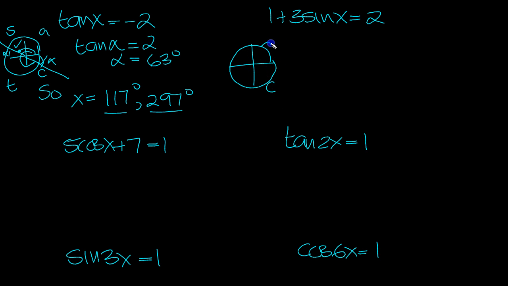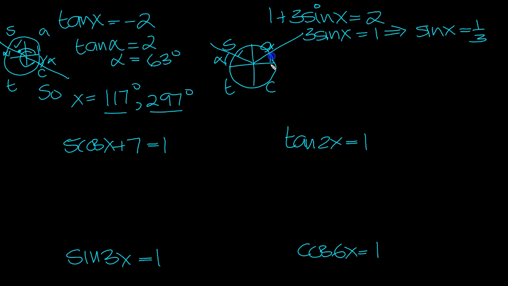So here, next one, CAST. Now we need to move these things around, don't we? Because here, 3 sine x. Move the 1 over, 2 minus 1 is 1, and that tells us that sine x, solving this equation, 3 from times to divide, is a third. Sine is positive here and here then. Two lines, alpha, associated acute angle. Sine alpha is equal to a third then. Drop the negative if there is one to drop.